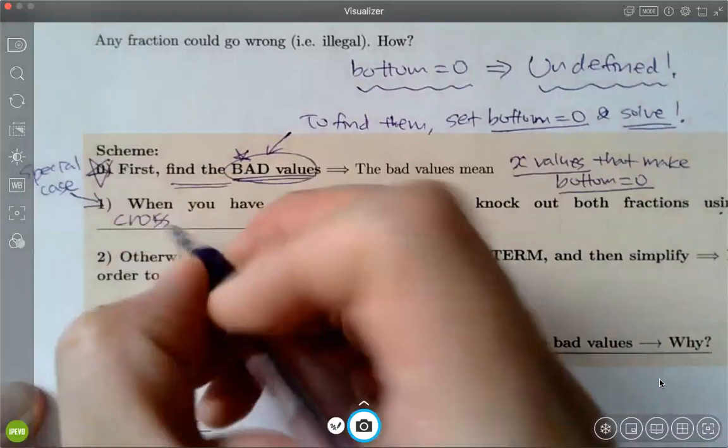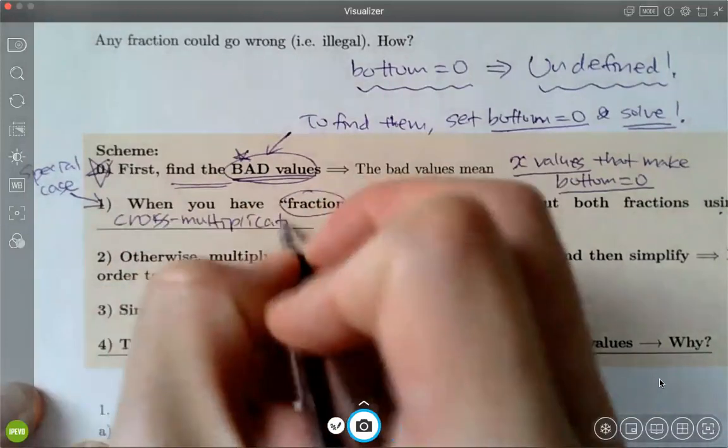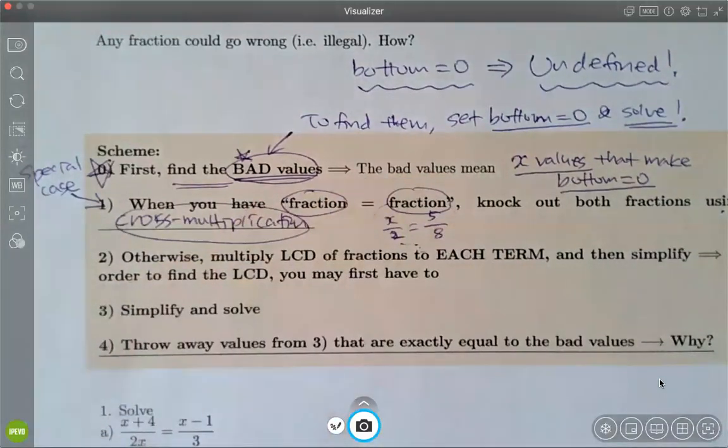Cross multiplication. In some high schools, they teach you so-called butterfly multiplication. Have you heard about that? Does it sound familiar? No, not at all? Okay. Now, that's a special case.